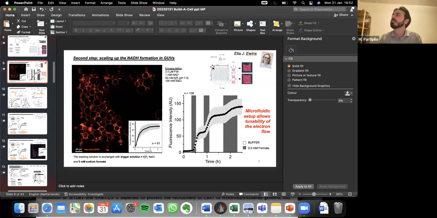So the answer is yes, but a limiting factor in there is that what I like also of the scavenger system is that it's very specific for the problem. So you have a dehydrogenase that is basically able to get rid of the reduced NADH, reoxidizing it.